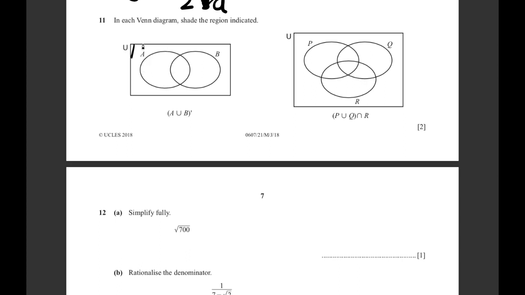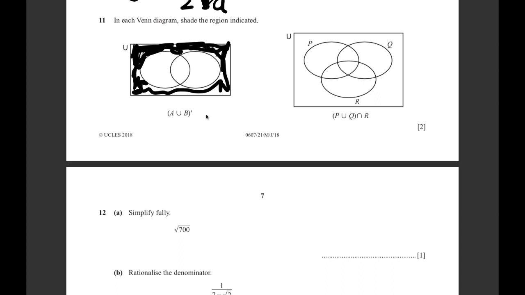Therefore, we shade in everything around the outside. Hopefully in your exam you do things in a prettier way than what I'm doing. You want everything outside the Venn diagram because you want not A or B.